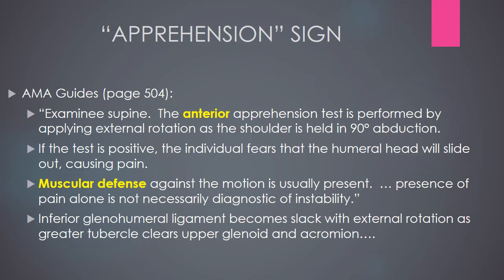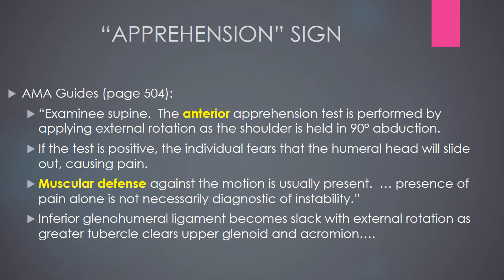Now, in the presence of bona fide anterior instability, the examinee will unconsciously fear that the humeral head is going to either sublux or dislocate, causing them great pain. And so the examinee will provide for you some sort of involuntary, reflexive withdrawal reflex that the AMA guys refer to as muscular defense against the motion.